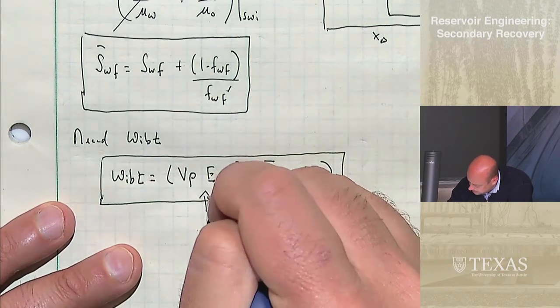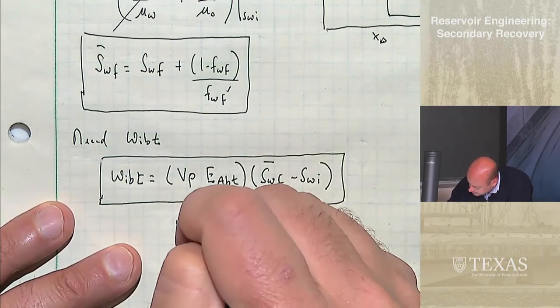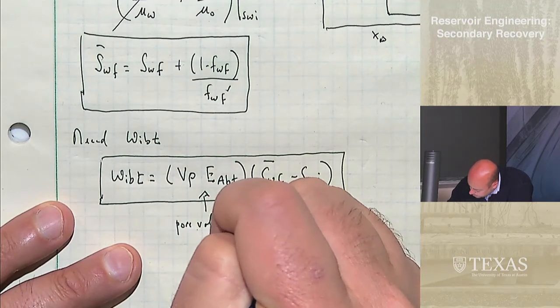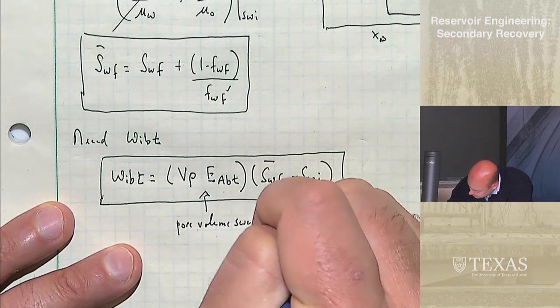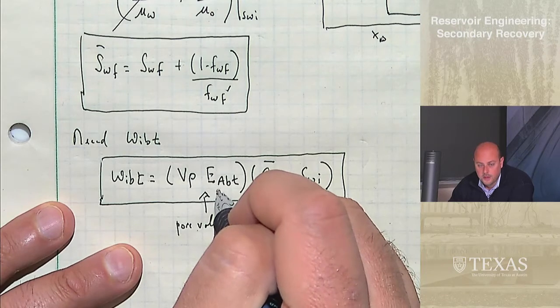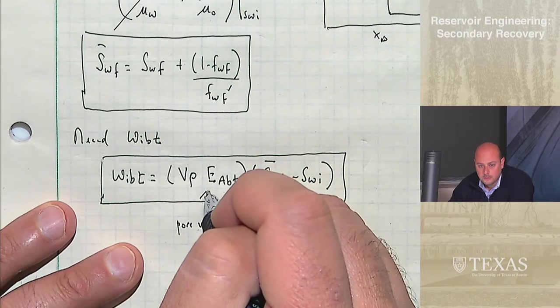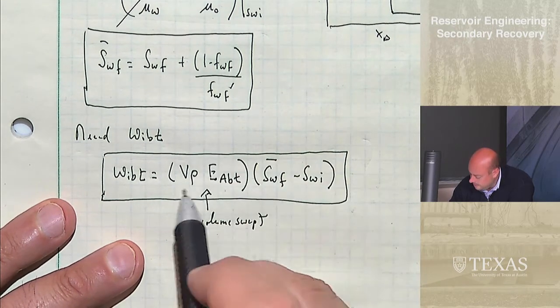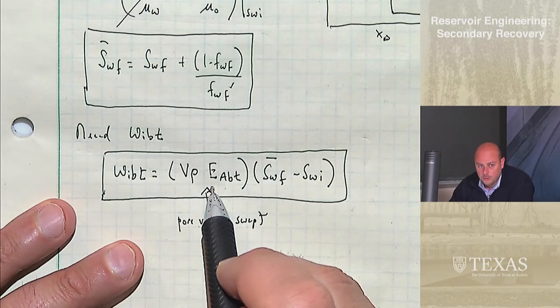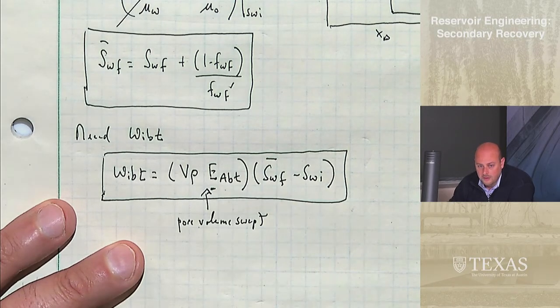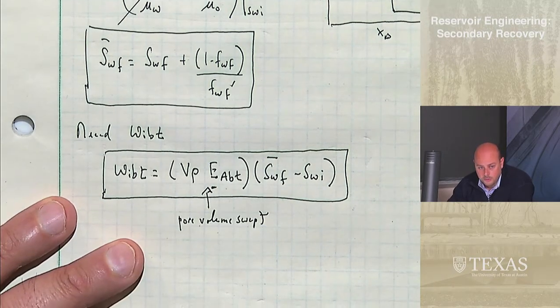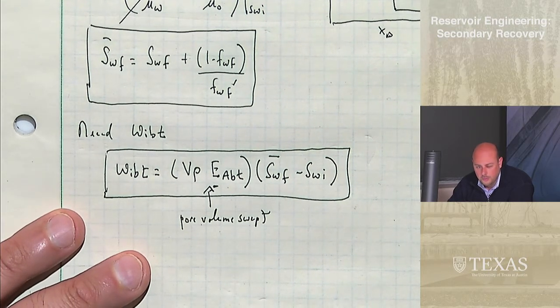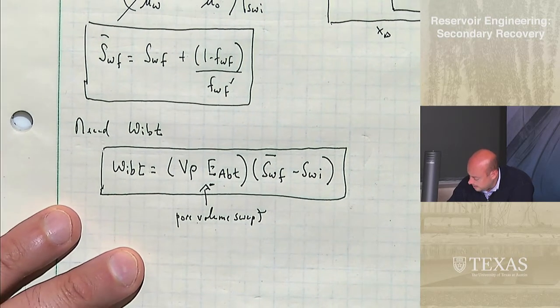So this term in parentheses is the pore volume swept, right? Because it's the pore volume times what's swept. And then even in the swept area, we don't inject everything along that streamline. We don't inject everything in 1D. We know that we leave some oil behind when we do that.